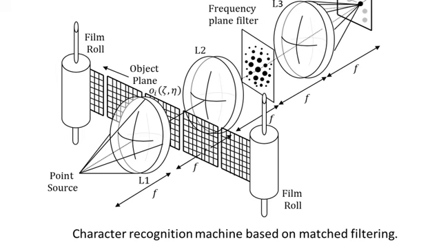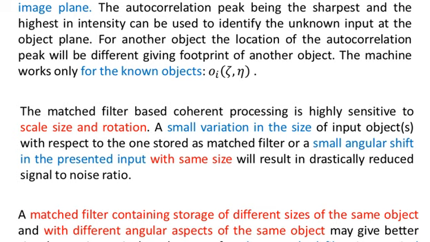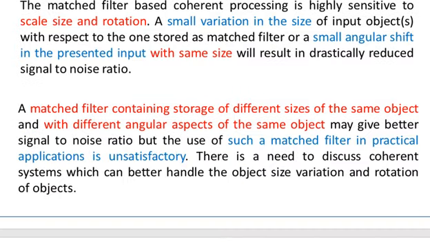The matched filter based coherent processor is highly sensitive to scale, size and rotation. A small variation in the size of input objects with respect to the one stored as the matched filter, or a small angular shift in the presented input with the same size, will result in a drastically reduced signal to noise ratio.